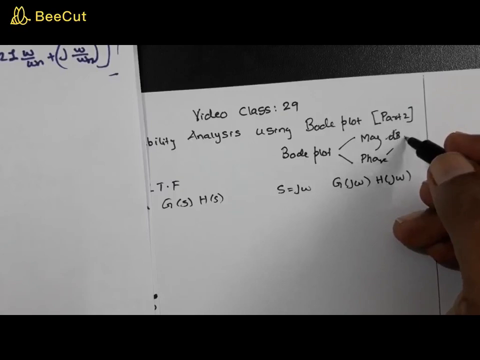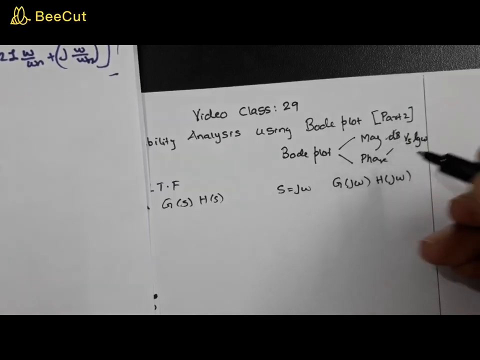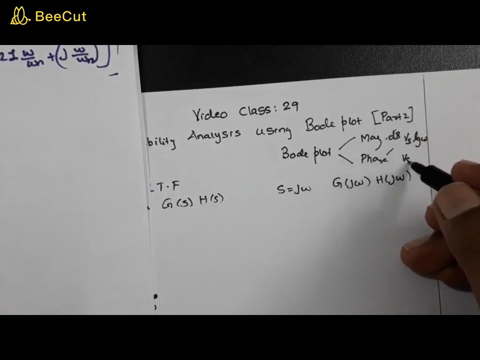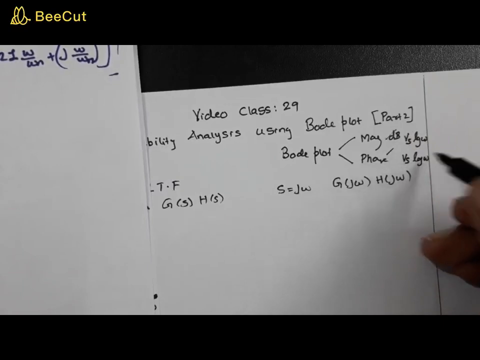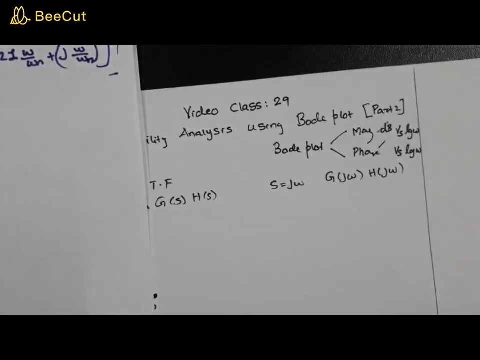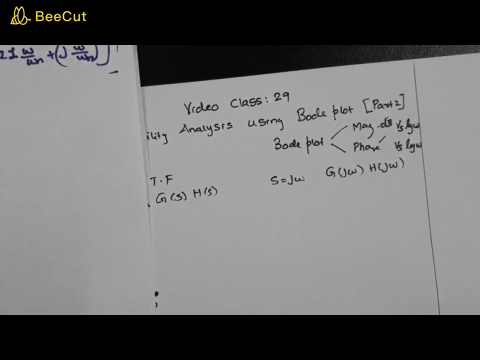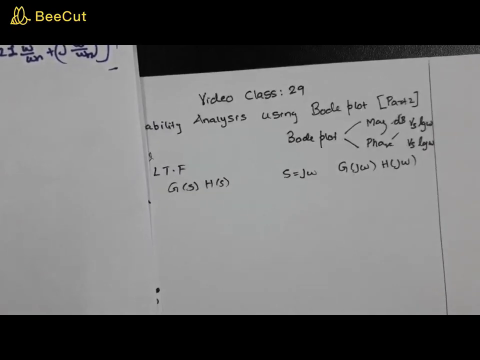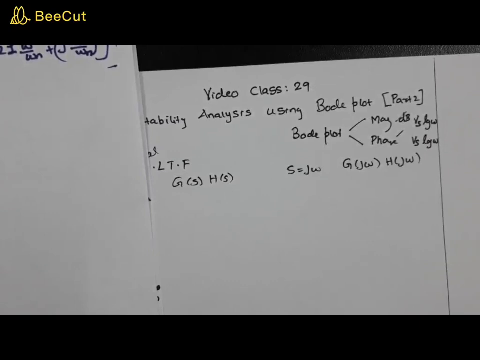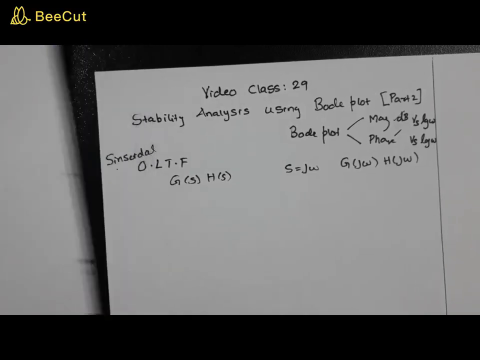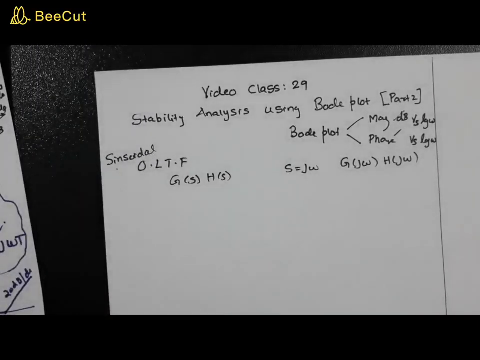Once you represent that in decibel, we will plot that with respect to the logarithmic scale of omega. Phase is also plotted along with the logarithmic scale of omega, and I have explained why we use logarithmic omega: to accommodate the low frequencies as well as large frequencies in a single graph sheet, so that it will be easy to understand how it varies.